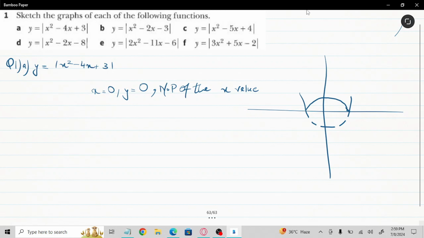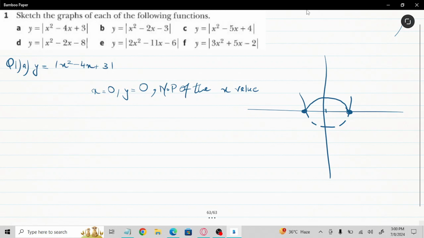We can notice here that we are getting two solutions for x when y is equal to 0. And we know that the stationary point of a graph occurs when it's exactly in the half. So between these two points, if we find the exact half, for example, it's here, it's the exact half.